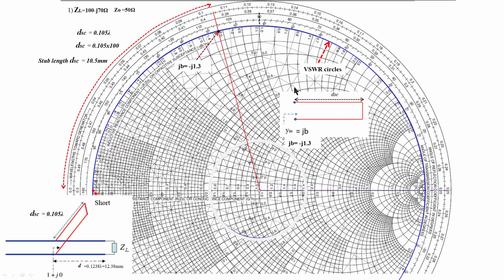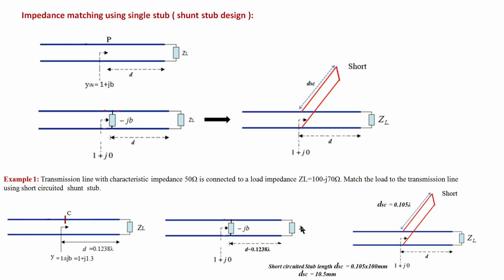This is the Smith chart. A short stub is asked, so start from the short point, based on this B value. I need B equal to minus 1.3, because plus 1.3 is there at this position, and I should cancel it. To get minus 1.3, what should be the length?